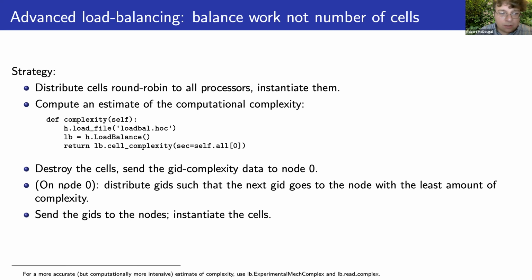And so then on node 0, we'll distribute GIDs, and we're going to just keep track of the amount of work that's assigned to every processor. So the next cell that I'm going to process is going to go to whatever processor has the least amount of work to do so far. And you could optimize this further.